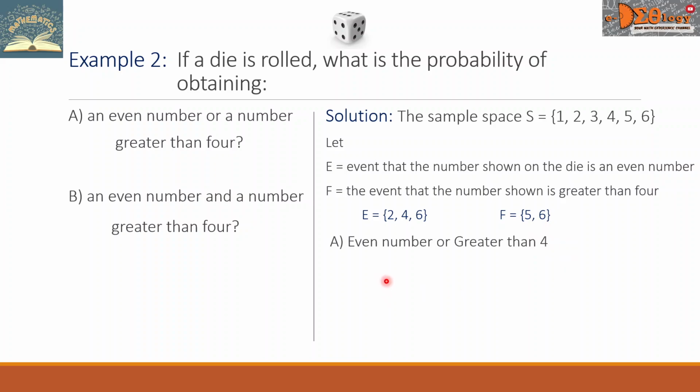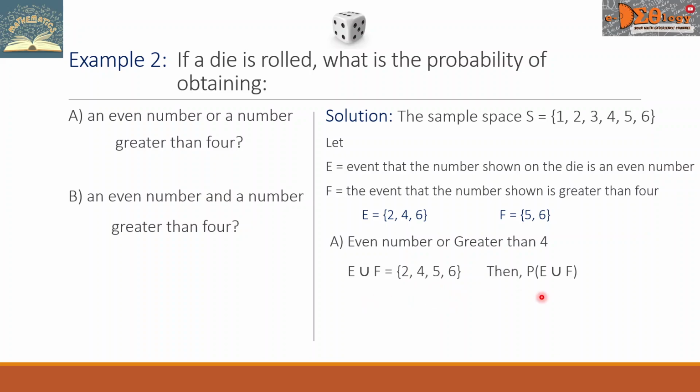Now, let's answer the first problem. Even number or greater than 4. The word or here means union. So in symbol, we write event E union event F. We see the union of the two sets here and we write the elements. So these are 2, 4, 5, and 6.